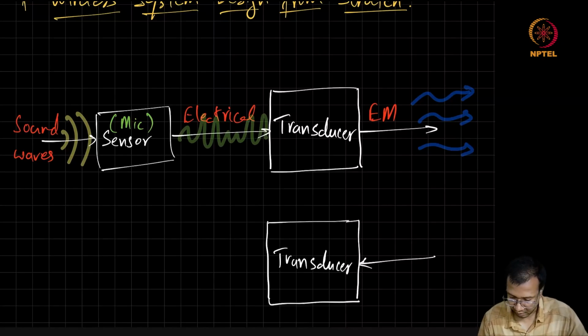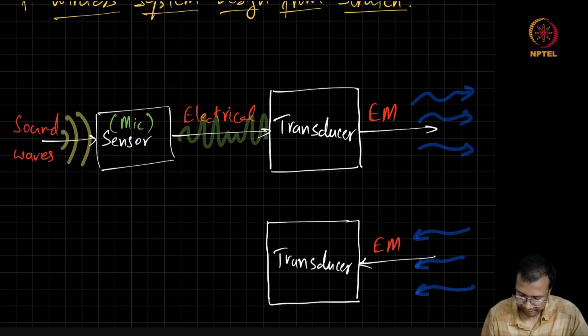We want to receive these electromagnetic waves which have been propagating in the wireless space, and the signal needs to be first converted into the electrical domain.